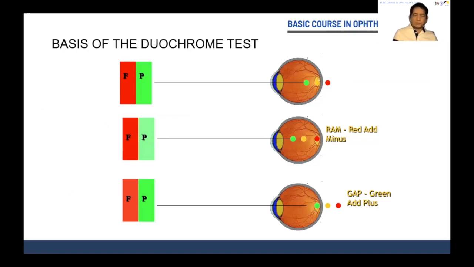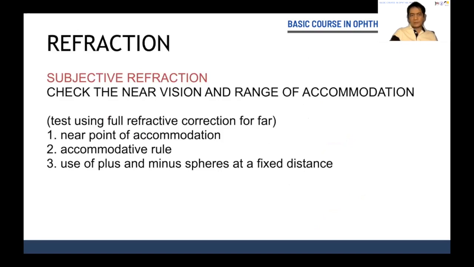So patient is still myopic, you add minus. So red, add minus. And if green is clearer, the green is the one falling exactly on the retina. So the eye is still hyperopic. You put plus lenses to move the focus in front of the retina, making the yellow fall exactly on the retina. Okay, so that's the duochrome bichrome test.